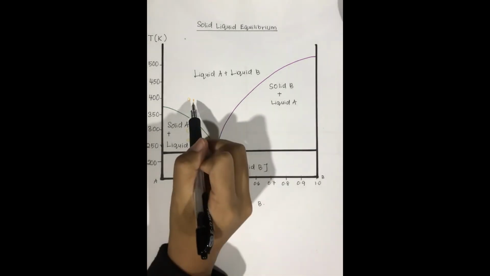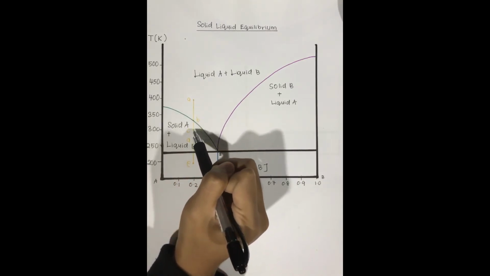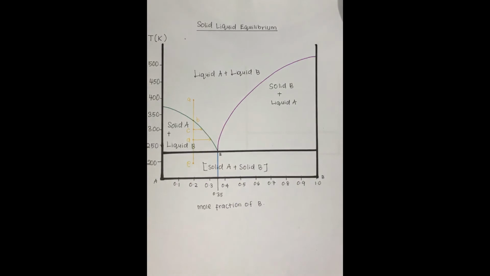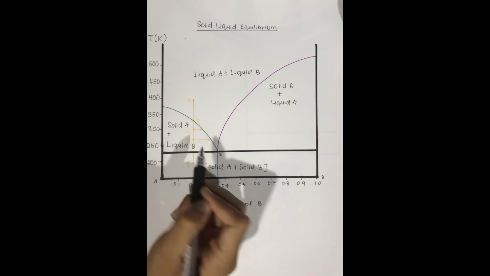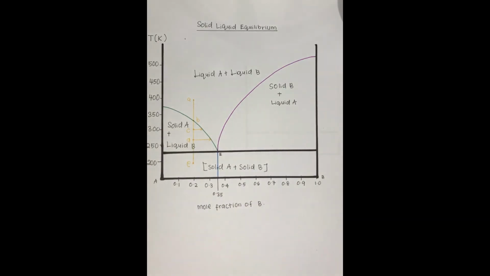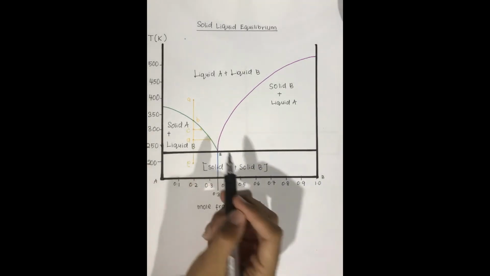At point A, when being cooled down until point C and point D, both have the same type of mixture, which is solid A and liquid B. But comparing point D and point C, point D has a higher concentration of B, since the concentration of B increases in the right direction.